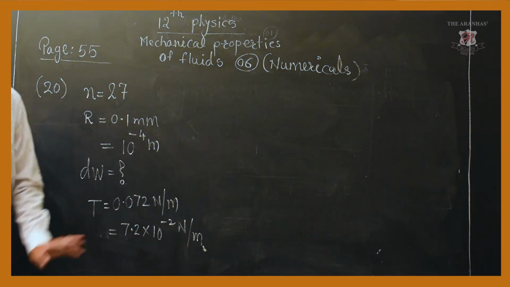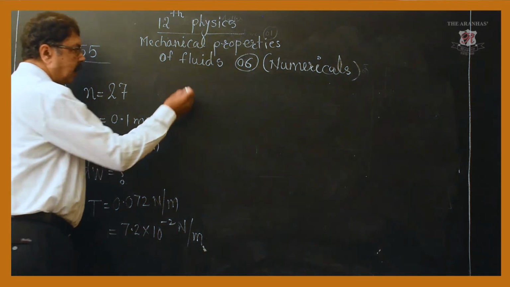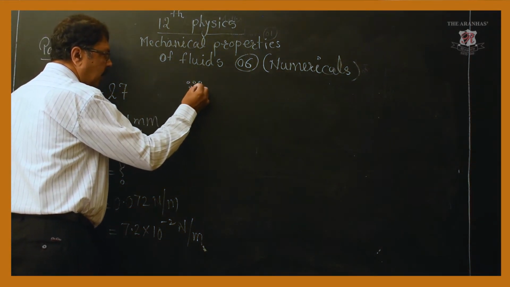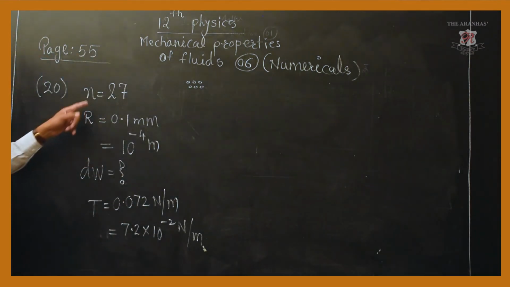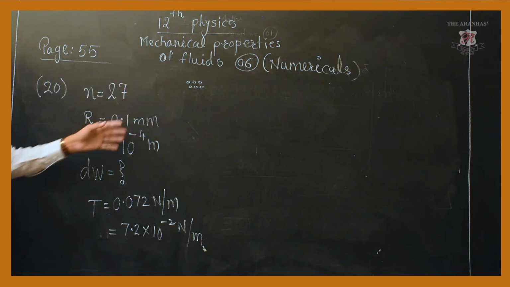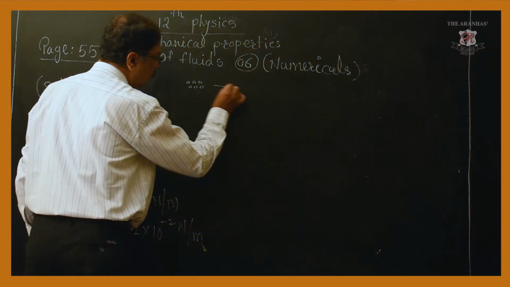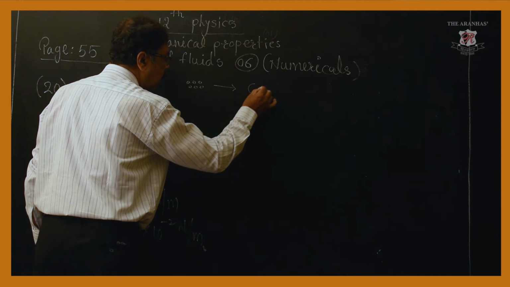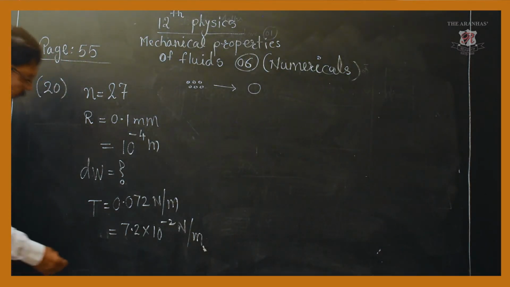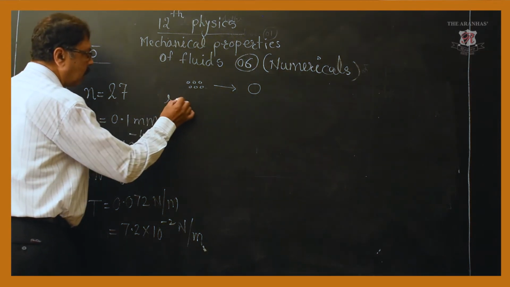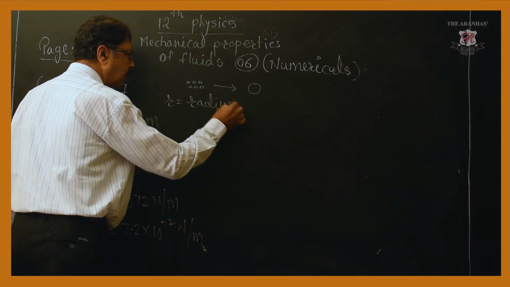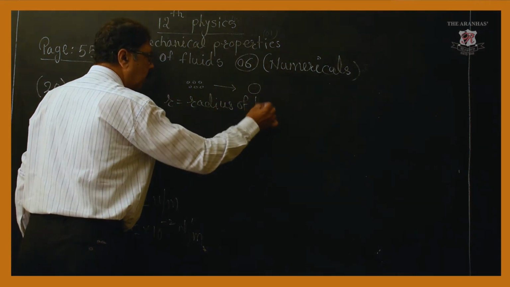Now, understand the process. What they have given is, there are 27 small drops or droplets of this radius. So, they come together and form a bigger drop. I am assuming R equal to the radius of the big drop.